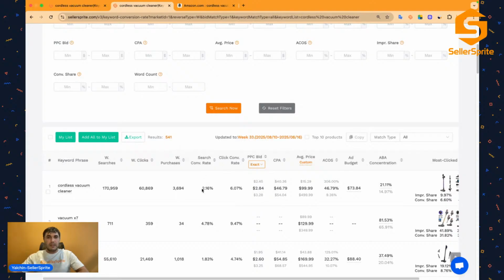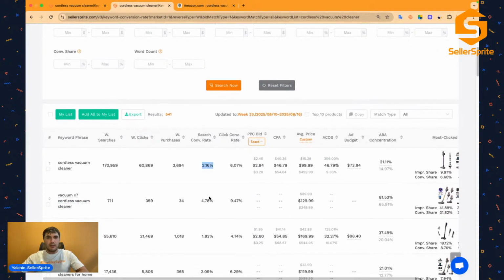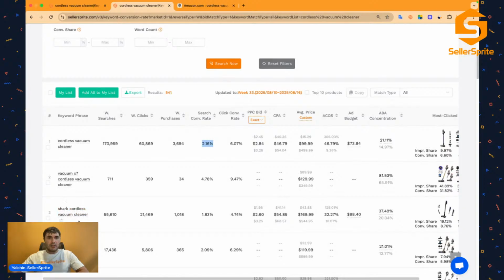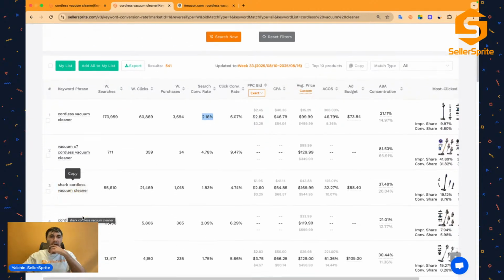Okay, we see the keyword conversion rate from here, and the 7x cordless vacuum cleaner, and the Shark cordless vacuum cleaner. This is the brand. Probably Shark got a lot of clicks, or this kind of Shark or Dyson or Bissell.